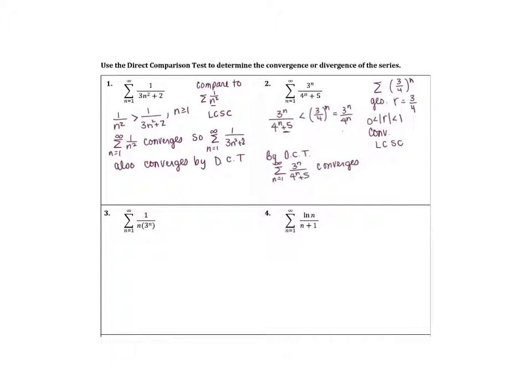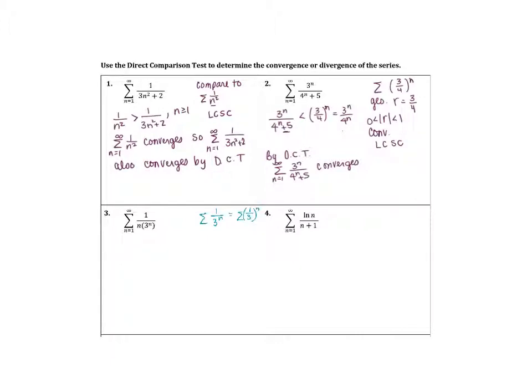Okay, looking at our next one, we have 1 over n times 3 to the n, and this one's going to look tricky, but again, the dominating power here is that 3 to the n, so we can compare that to 1 over 3 to the n, which is really the same thing as (1/3) to the n.